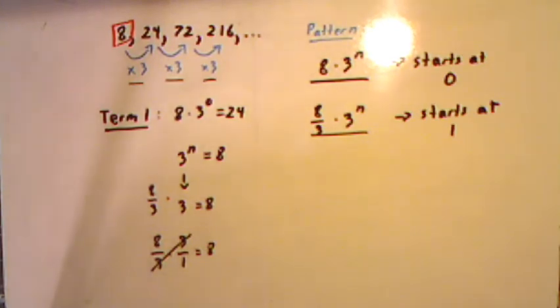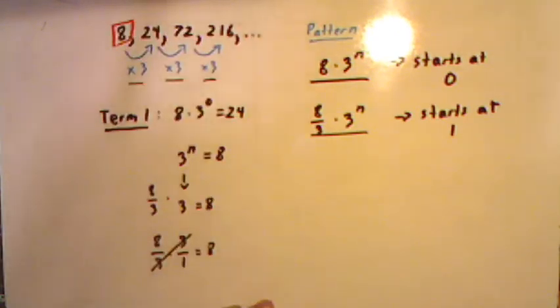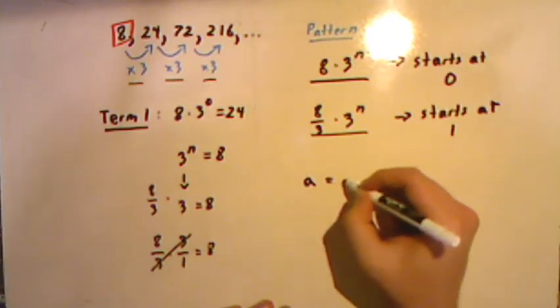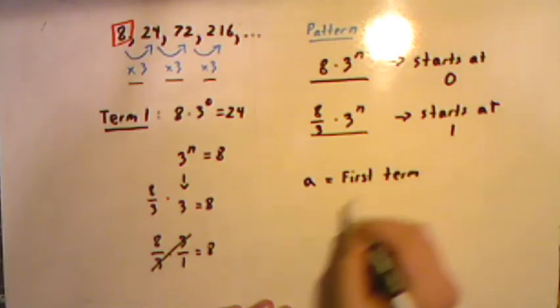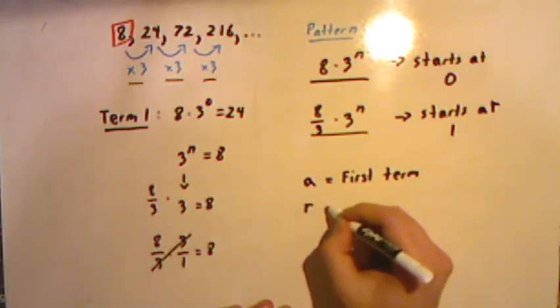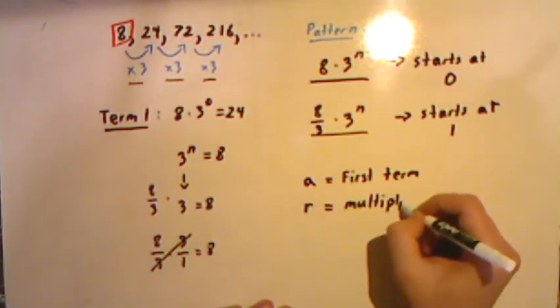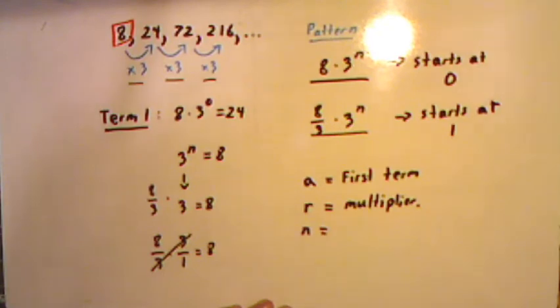In general terms, we can consider that 8, or our very first term, is a, that our multiplier is r, and that n is just the term being used here.